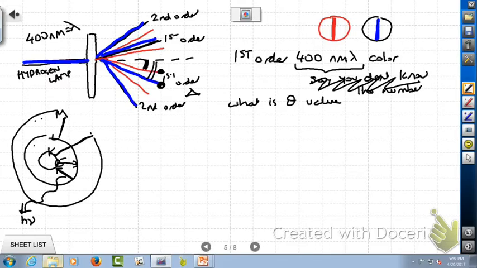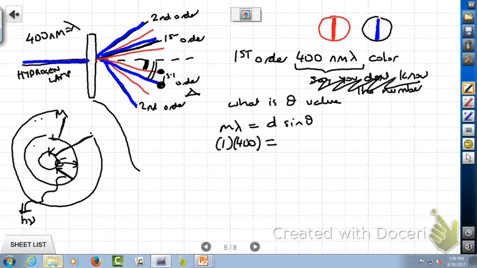I say, okay, m lambda equals d sine theta. So 1, because I said first order, it's the first red line, times 400. If I work in nanometers, I can leave it in nanometers because it's going to cancel. If I don't work in nanometers, I've got to convert it. That is equal to d.